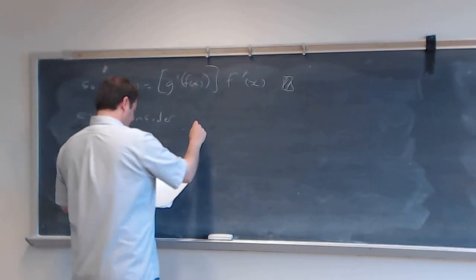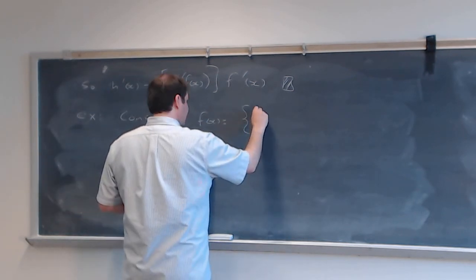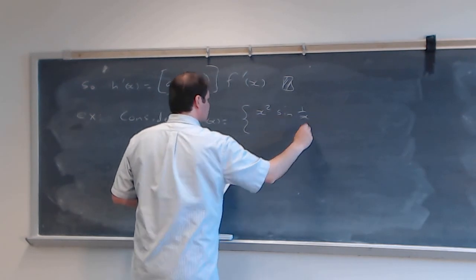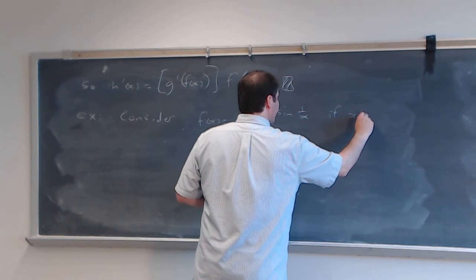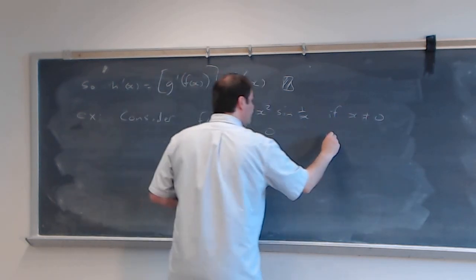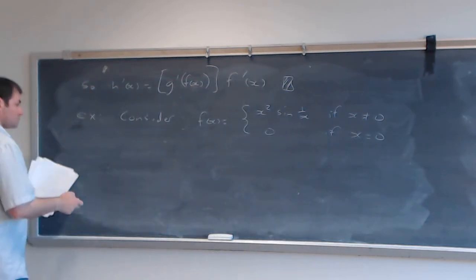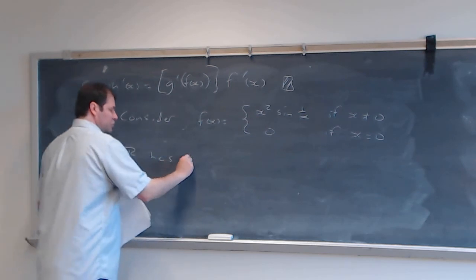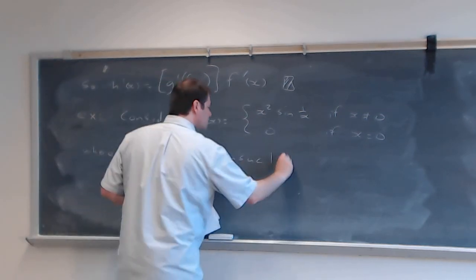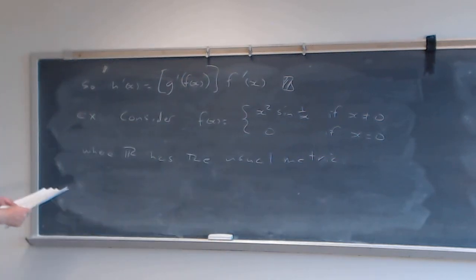We'll consider the function f of x, a piecewise defined function, equal to x squared times sine of 1 over x if x is different from 0, and it's equal to 0 if x is 0, where R has the usual metric.